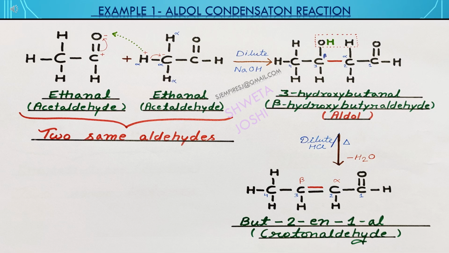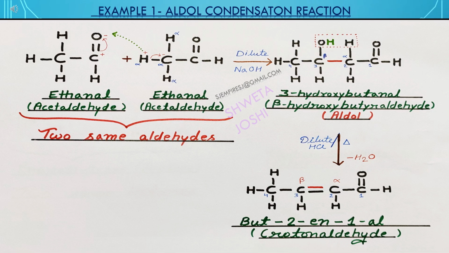For our first example, we are having 2 ethanal molecules. In the first molecule, there will be dissociation of the bond between carbon and oxygen. Carbon will lose its shared pair of electrons and will gain a positive charge, whereas oxygen will gain that electron pair, having a negative charge.